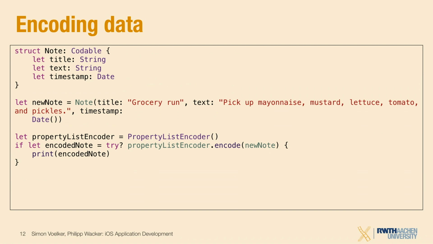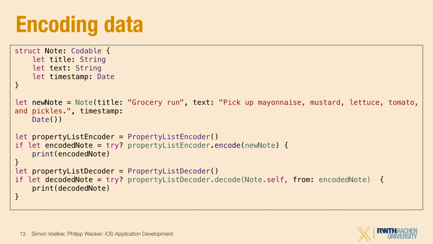So how do we decode the data? Yeah, basically, it's similar. We have the try-catch environment here, and the decode environment is essentially the same thing, just the other way around. You basically need a propertyList decoder, not encoder in this case, and then you decode the message, basically saying, I want to decode my information in this particular format.